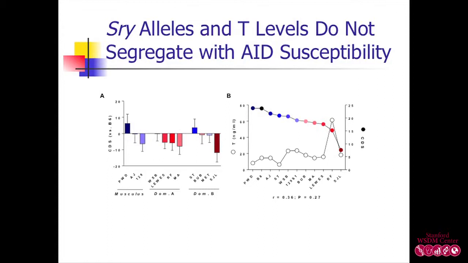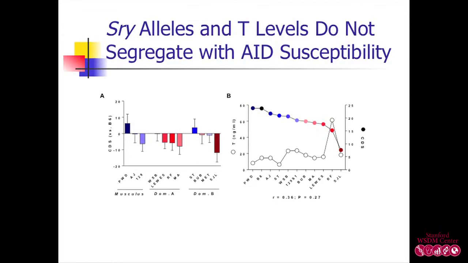Since testosterone is a potential factor that might influence autoimmune disease susceptibility in this setting, as a function of SRY, the number of Leydig cells, for example, and testis and gonadogenesis, we took serum testosterone levels and asked whether there was any correlation of the serum testosterone levels with disease severity using the cumulative disease score. And again, there was no correlation with testosterone development.